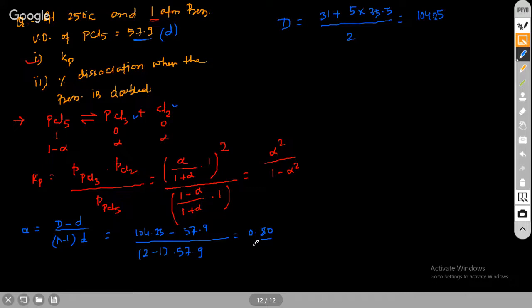Kp is 1.77, 1.77 is correct. Mrs. Straw got the answer. So alpha you have, just substitute alpha here: 0.8 square divided by 1 minus 0.8 square, and the answer you will get is 1.78 or 1.77 approximately.